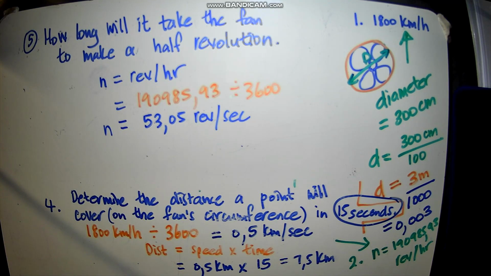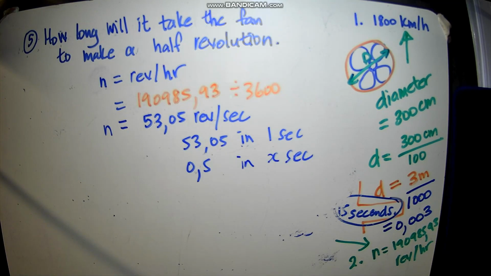So here we have 53.05 revolutions in 1 second. That means revs per second, and 0.5 revs, which is a half. The question says, how long will it take? That means X seconds. We don't know how many seconds it'll take to make a half a revolution.